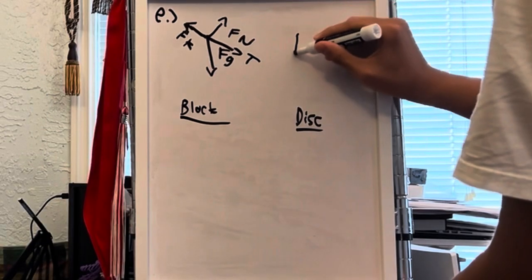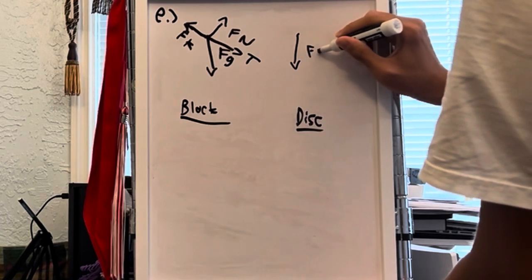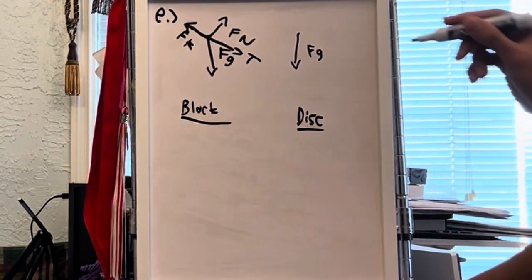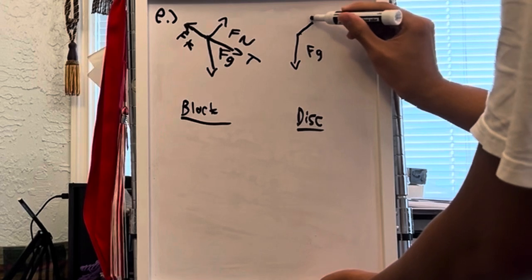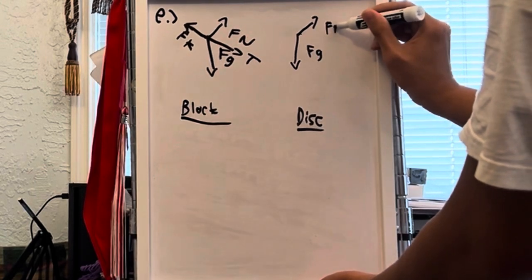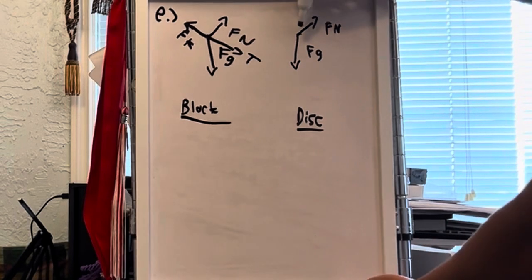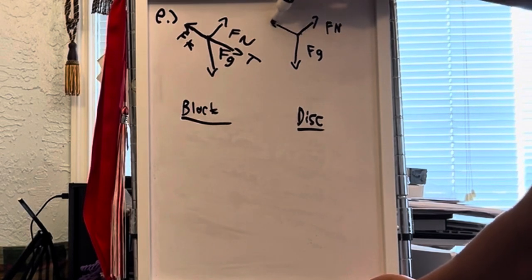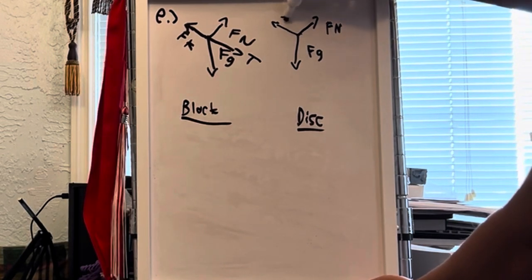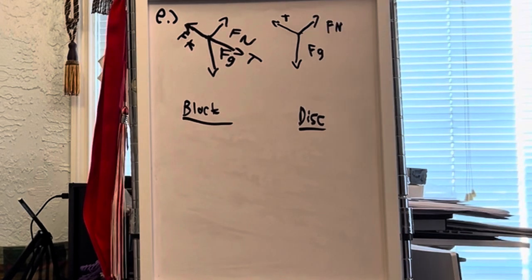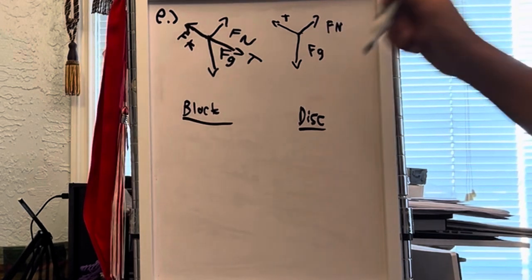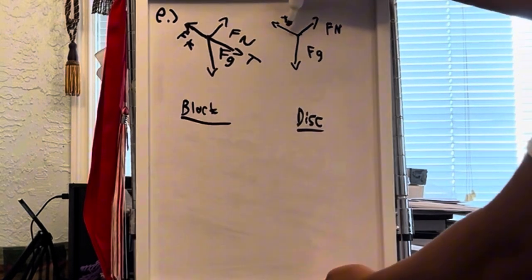Now for the disc, it's also going to have a Fg pointing downwards. And in reaction, it's also going to have an Fn, a little bit less than Fg because it is a component of Fg that's equal to Fn. And this time it's going to have a tension force pulling it back a bit from the rod. And this is more directly going to be opposing the line of motion, so I'll draw it bigger than Fs, the force of static friction.